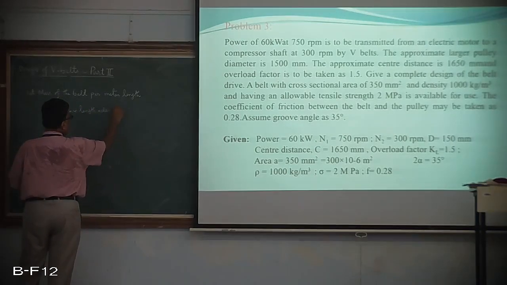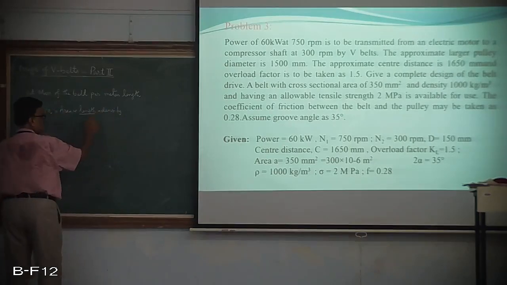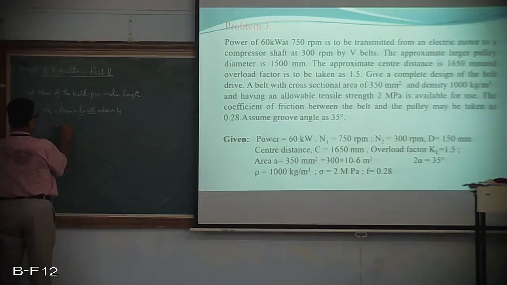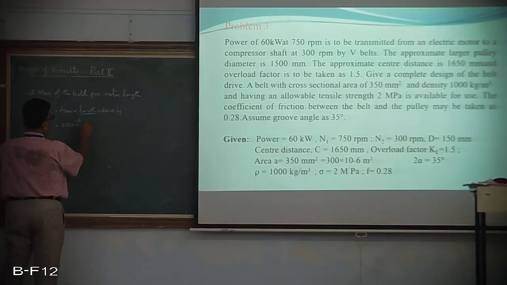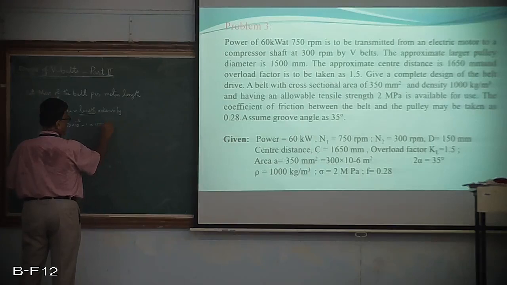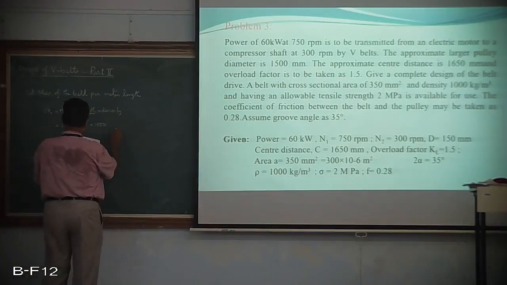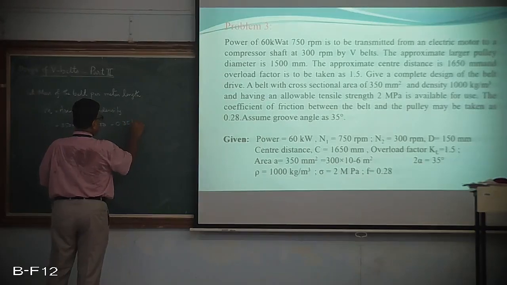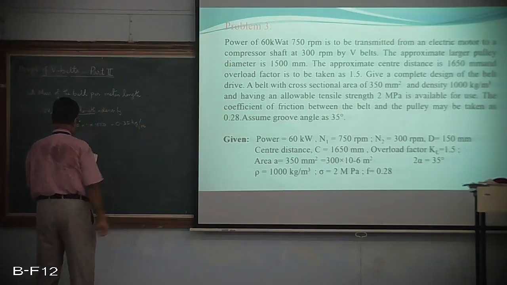Per unit meter means the length has to be taken as 1 meter. So the 350 millimeter square I am converting to meter square, with length 1 meter and the density given as 1000 kg per meter cube. This all comes out to be 0.35 kg per meter.